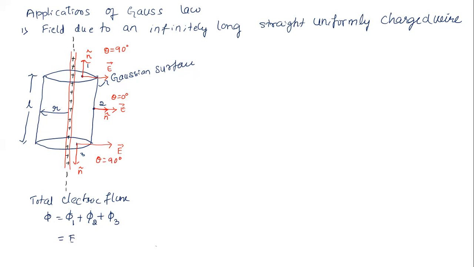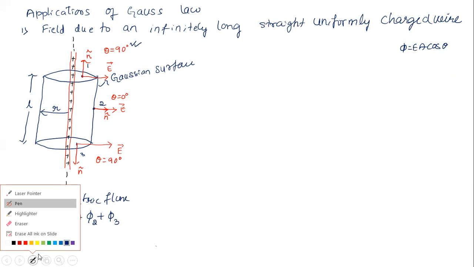From the flux formula, flux equals E A cos theta. Theta is 90 degrees here. What is the value of cos 90 degrees? 0.